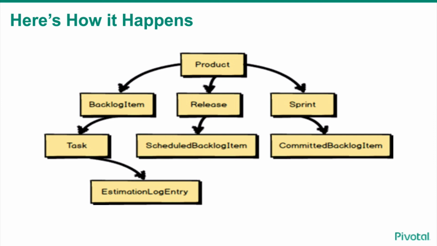If you're familiar with Scrum, you know that a Scrum product is the software that's being developed. You know what a backlog item is, what the product backlog is, and you're familiar with releases and sprints. Backlog items have tasks, and tasks have estimation log entries, and releases have scheduled backlog items, and sprints have committed backlog items.